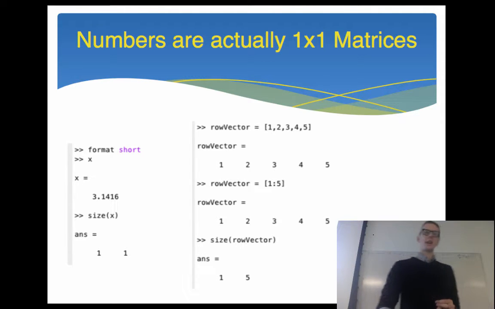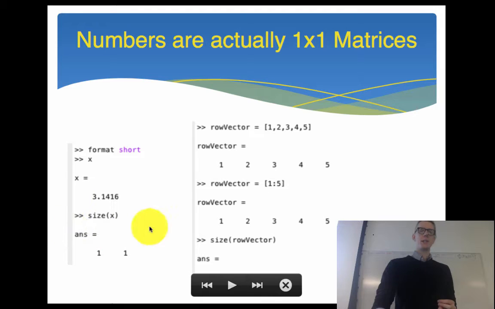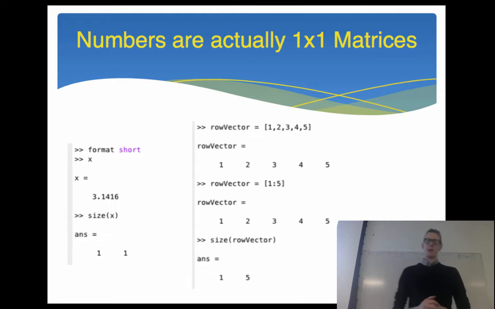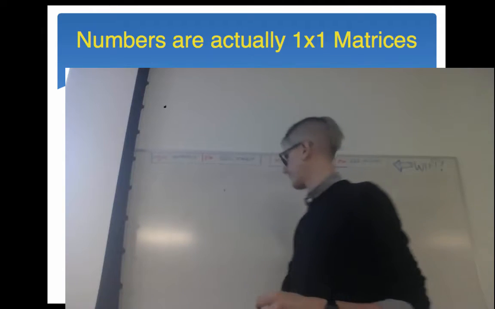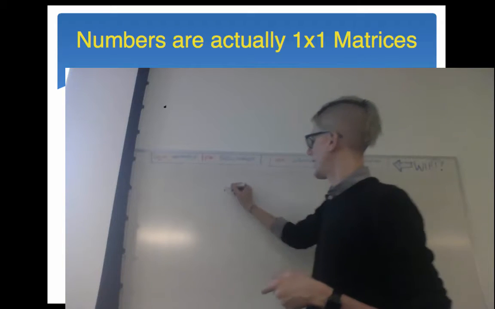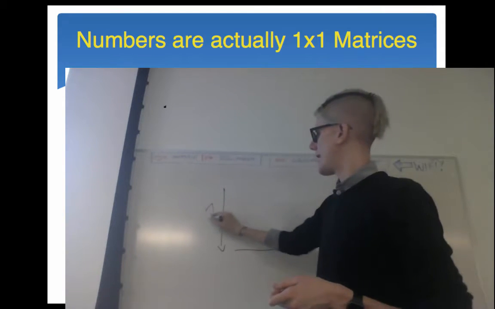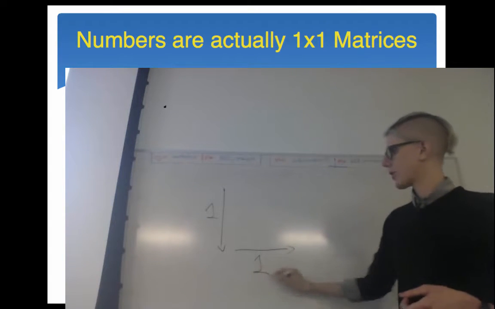So this size command is something you need to become familiar with. If I check the size of x, which is this pi variable I just defined, you should see that it's 1 by 1. MATLAB always defines variables down then across. So if you see 1 by 1, it's telling you it's 1 down and then 1 across.